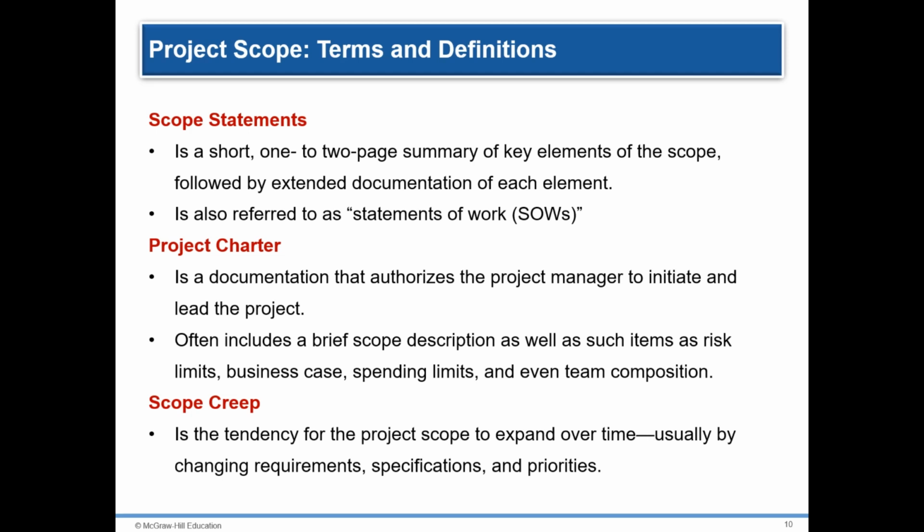This document is issued by upper management and provides the project manager with written authority to use organizational resources for project activities. Often the charter will include a brief scope description as well as such items as risk limits, customer needs, spending limits, and even team composition.